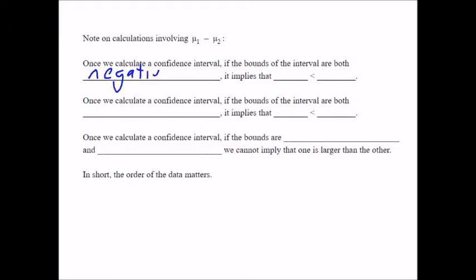If both the lower bound and the upper bound are negative, it implies that the first population mean is less than the second population mean. Think of those two numbers: if they are 3.5 and 4.5, we'd get a difference of -1. And that's always going to happen if the second population mean is greater than the first population mean.